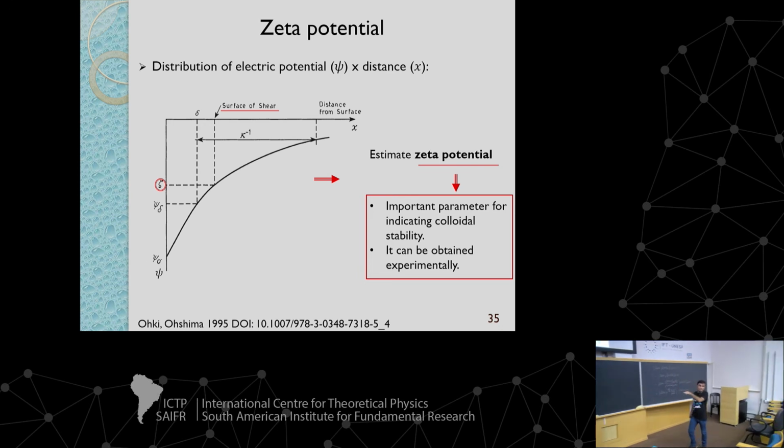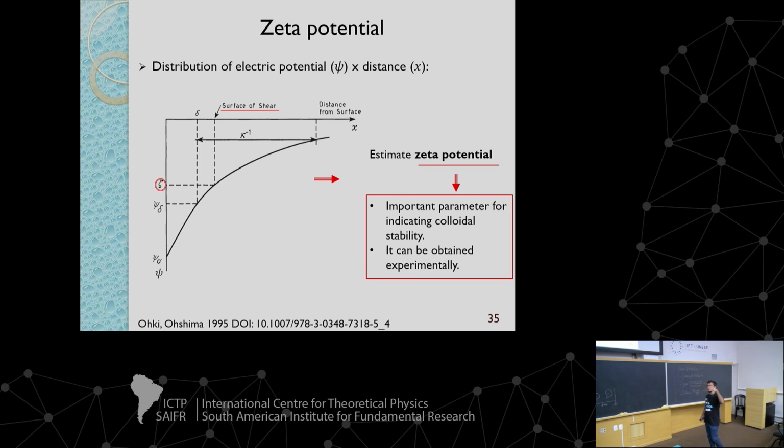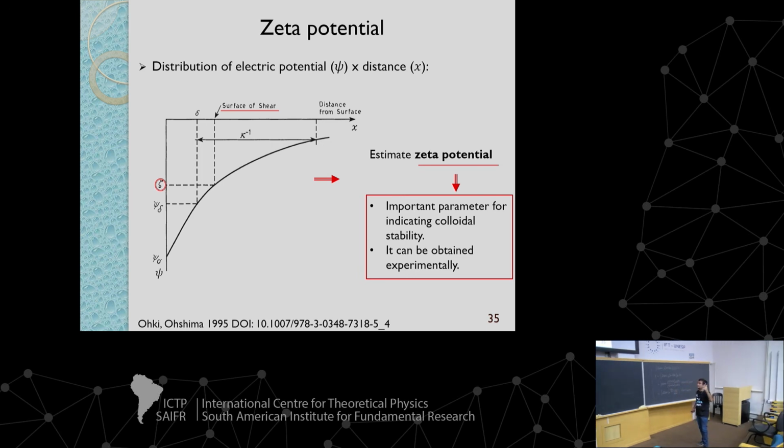And from the movement of these particles, we can estimate the Zeta potential, which is a kind of surface potential.